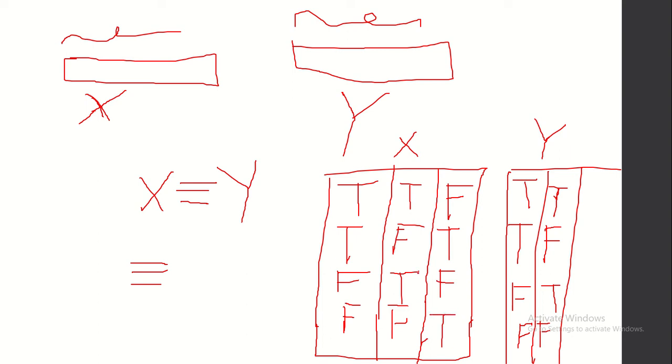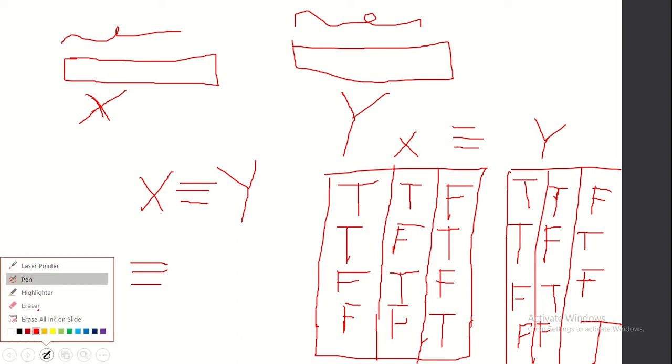So x and y will be equivalent if y is also giving us the same output. That means if x and y are equivalent, then y will be giving us the same output for the same inputs. So here we can see that x and y both are giving the same output for the same input, so they are equivalent.